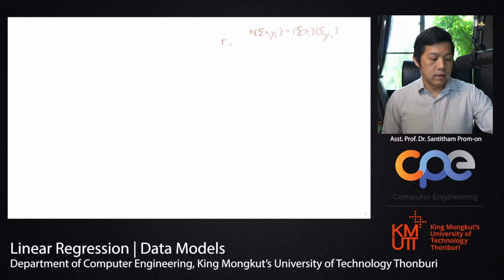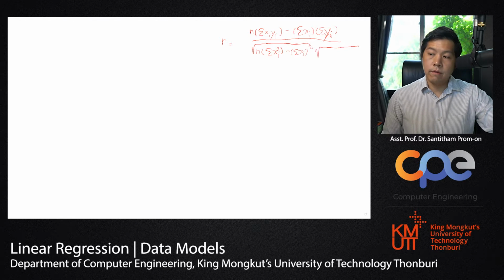Sorry, yi. And then square root of n sigma xi square minus sigma xi square, and square root of n sigma yi square minus sigma yi square.